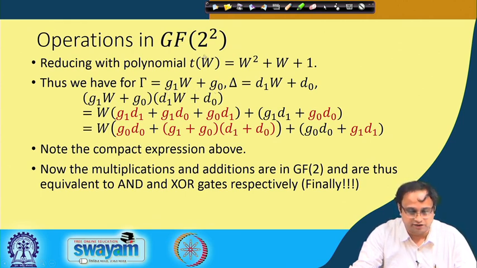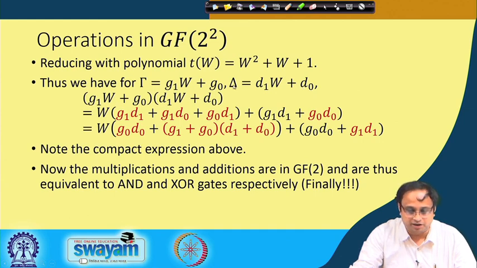Again I am breaking GF(2^2) as (GF(2))^2. G1 is 1 bit and G0 is also 1 bit, both elements from GF(2). Likewise, delta is D1 W + D0, which means D1 and D0 are in GF(2).